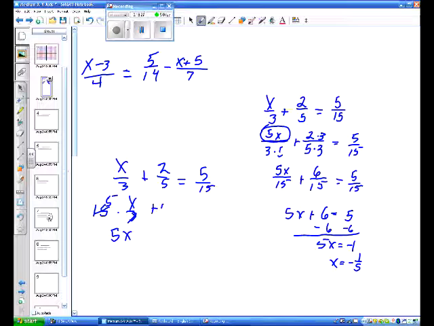And in the second term, if I multiply by 15, well, 5 goes into 15 3 times, so 3 times 2 is 6, which is the same thing that I ended up doing up here, multiplying 2 times 3 and getting the 6, because that's what I would have needed to multiply my numerator by in order to make it my common denominator. And then on the last one, if I multiply by 15, my 15's cancel and I end up with 5.